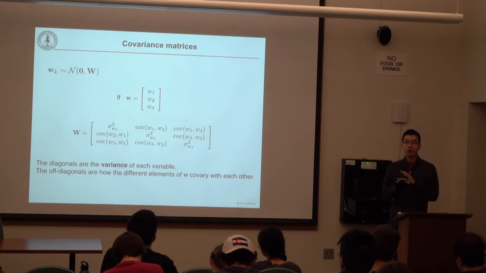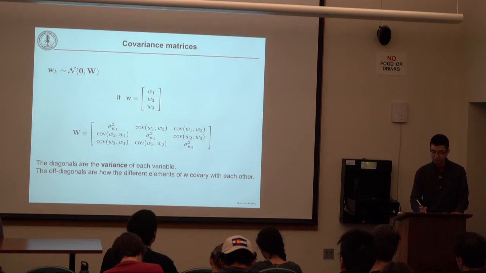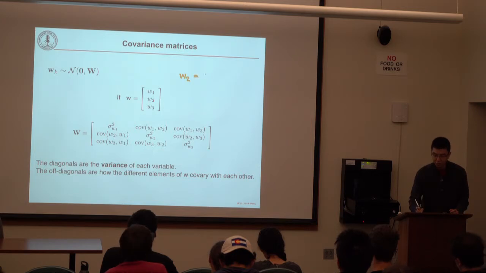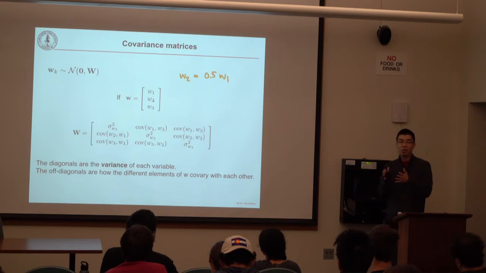If the noise is completely independent in all of these dimensions, then all these covariance terms will equal 0, and we'll just have a diagonal matrix. But you could have the chance that maybe W2 is equal to 0.5 W1. So you could have a common noise source that affects both dimensions.